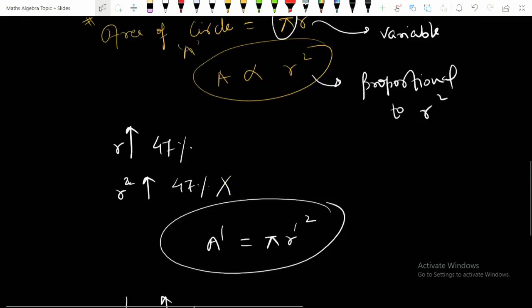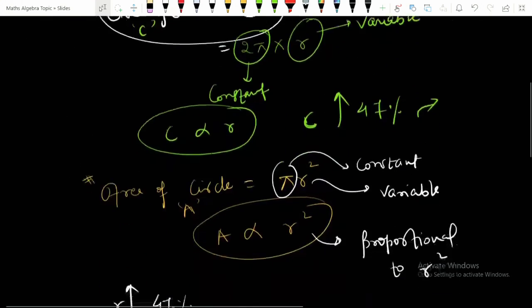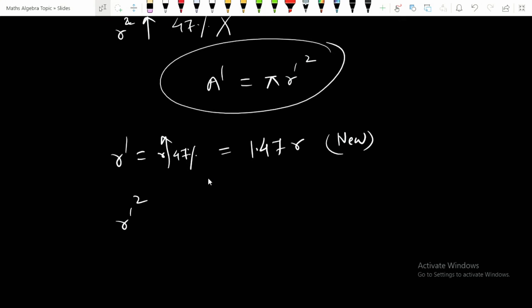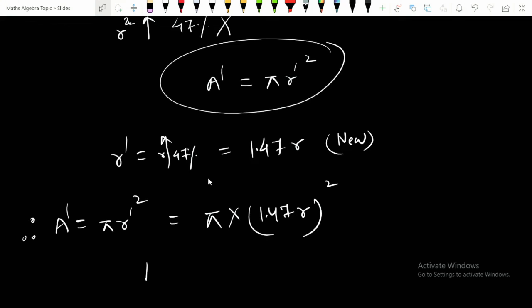So if r is increased by 47%, it will equal 1.47 r. That is the new r. So r dash square equals pi into 1.47 r square. That is, A dash is proportional to 1.47 square into r square.